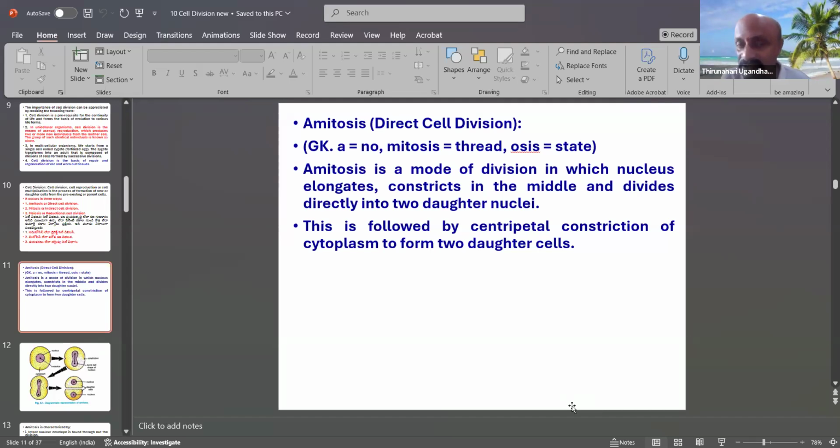This is followed by a centripetal constriction of the cytoplasm to form the two daughter cells. It is not structurally equal; unequal cells are formed in amitosis, whereas mitosis forms cells structurally similar to each other.